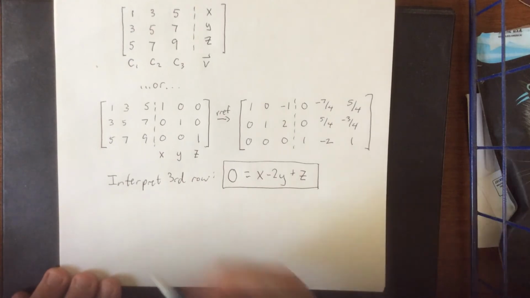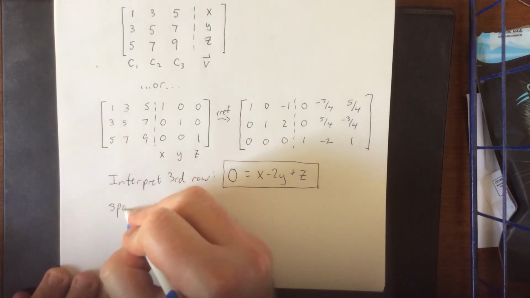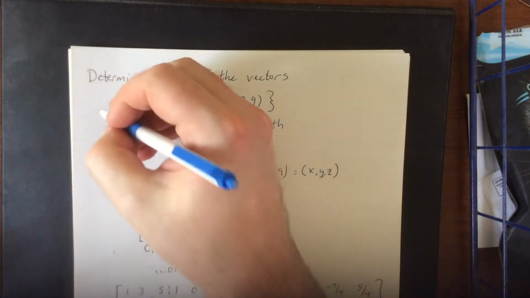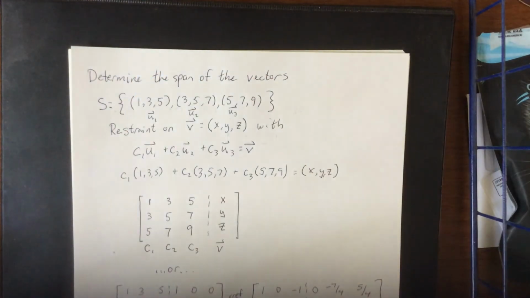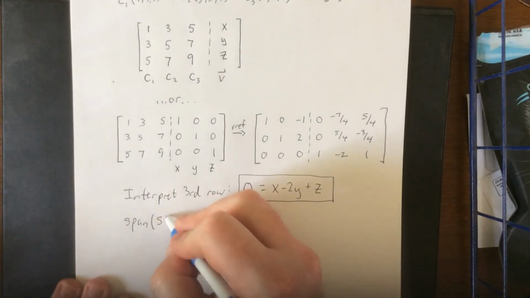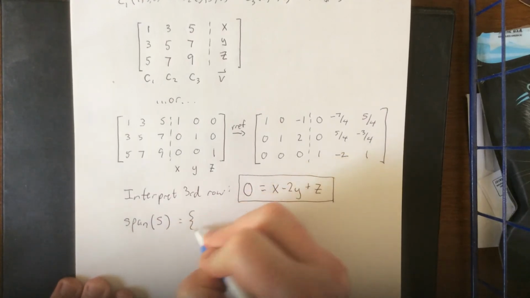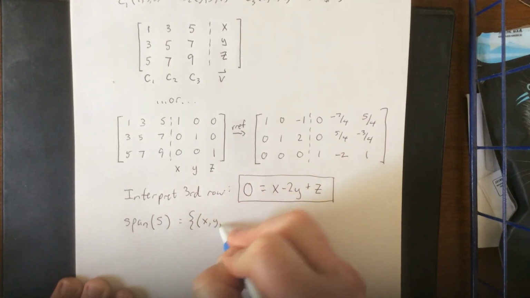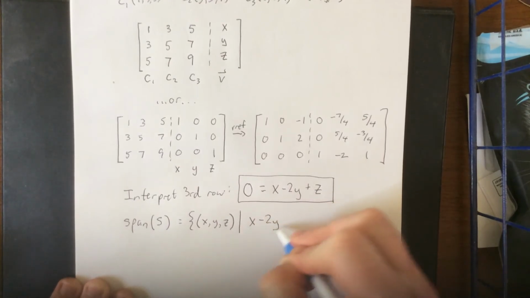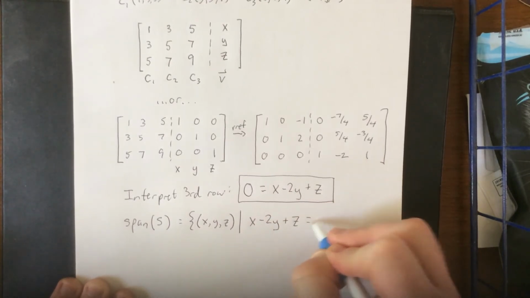Now, we can interpret this by saying that the span of our set of vectors, I guess we never technically gave it a name, so let's give it a name. We'll call it S for set or span. So the span of S is going to be the set of all vectors x, y, z such that x minus 2y plus z is equal to 0.